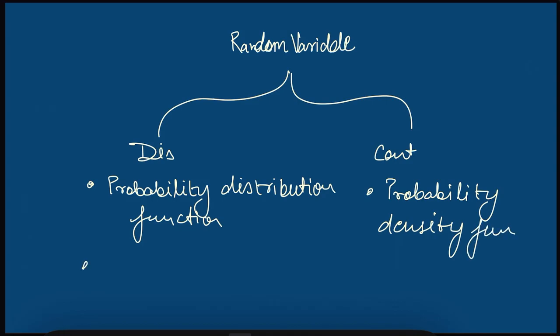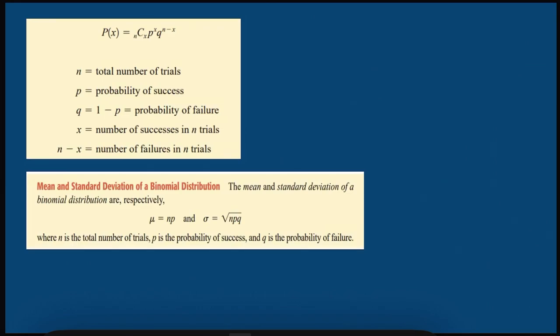And we have the CDF for both, cumulative distribution function and cumulative density function. Here we talk about density and here we talk about distributions. Okay, so let's go to the next item.